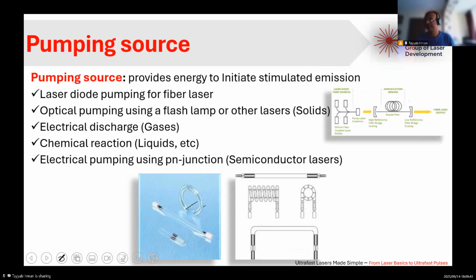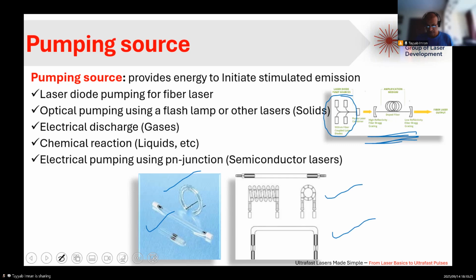Pumping sources, if you see here, just to show you what kinds of pumping sources are used: these are flash lamps, different kinds of flash lamps, simple flash lamps like xenon type, argon type, something like this. Here is the real picture of these flash lamps, and here is a fiber optics pumping setup. It's not simple to understand, because for pumping the fiber we use diode lasers.